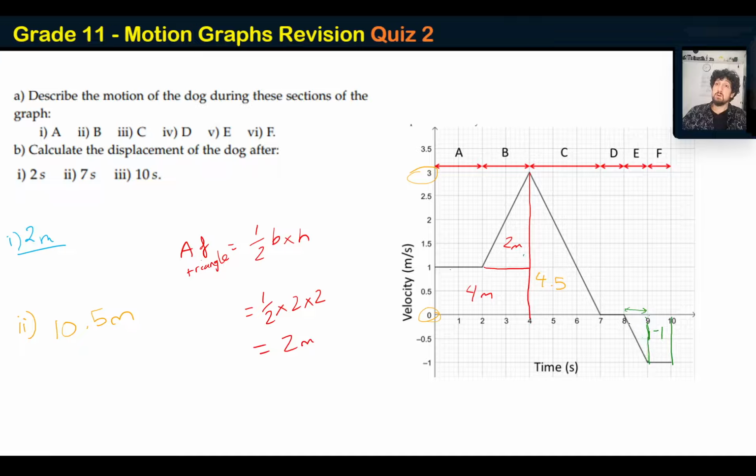And -1. So the total here is -1.5. And over here, it's positive 10.5. So the total displacement is going to be positive 10.5 minus 1.5, which is equivalent to 9 meters. And it's still positive 9 meters.